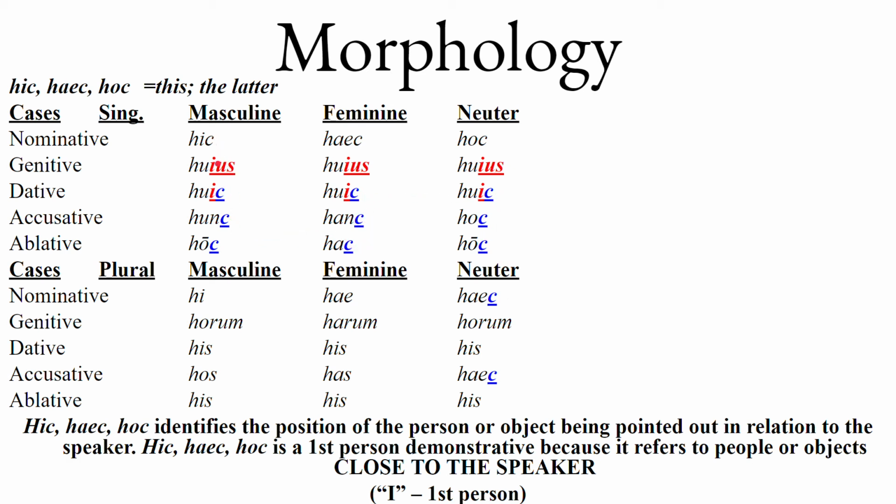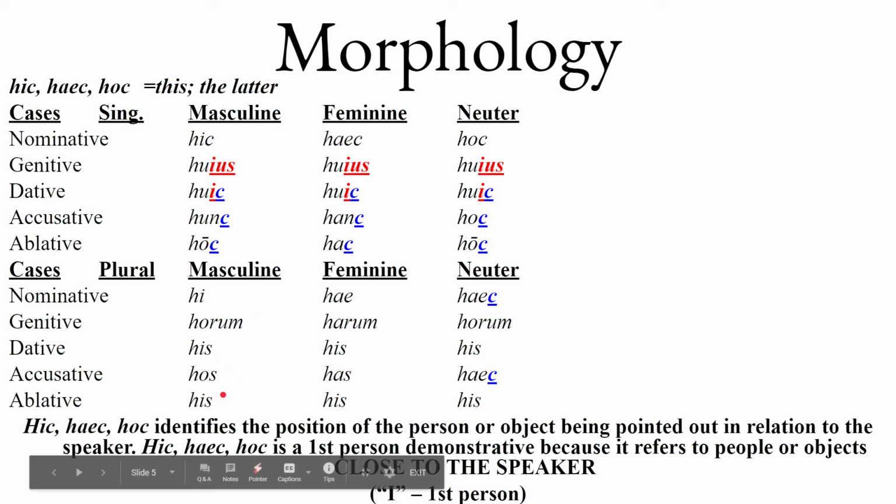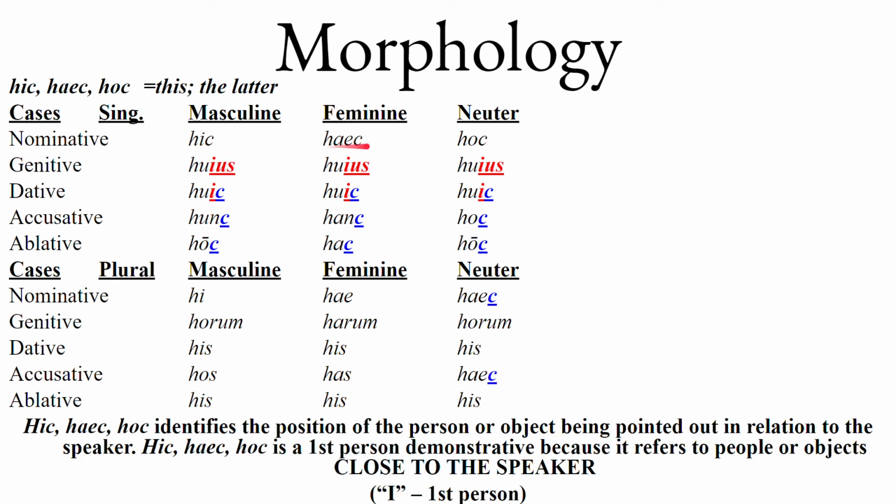Hic, huius, huic, hunc, hoc, hi, horum, his, hos, his. All right, so in the plural, it's pretty cool. I, orum, is, os, is. It's that singular that's all messed up. Feminine, haec, huius, huic, hanc, hac, hae, harum, his, has, his.